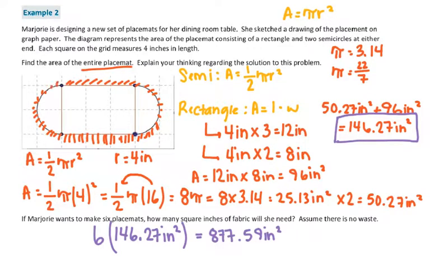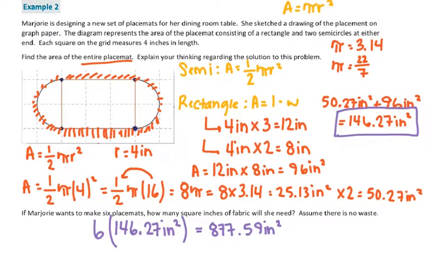So she wants to put it all around the outside of the placemat, just like that. So that means we need to find the perimeter of this shape. So that means that we need to find the perimeter of the rectangle and the perimeter of these semicircles.